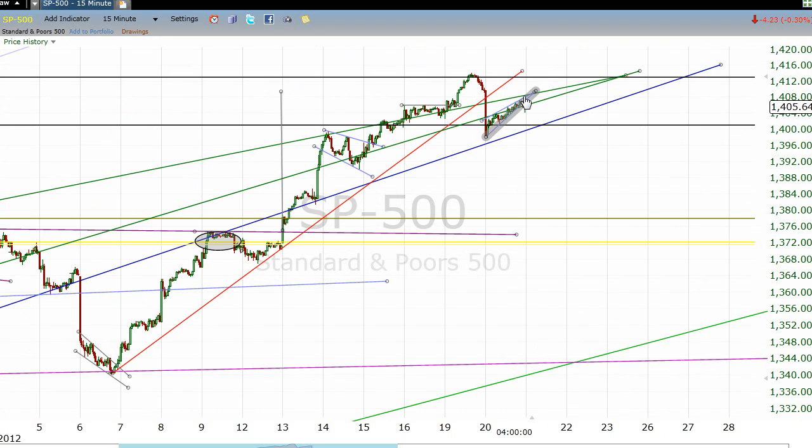We now have a bear rising wedge that should produce more downside, and frankly, it should lead to taking out 1400, and I think we probably will get down into this area here where there's not a lot of support, and then we might look for some support down in the 1370s, 1380, and if that fails, then we start looking for support lower than that.